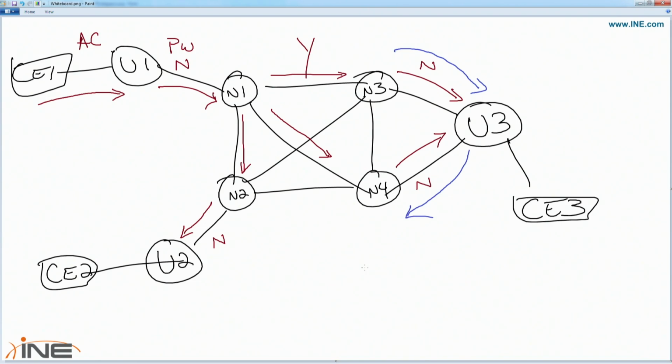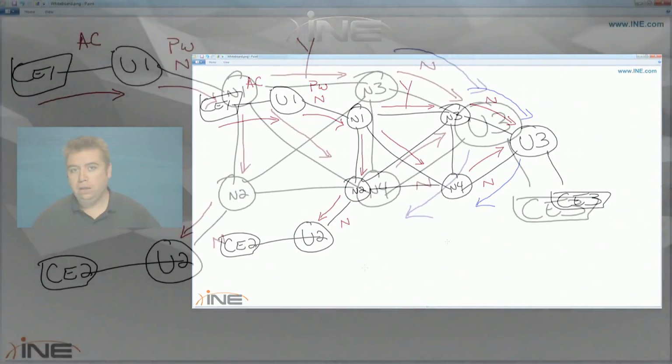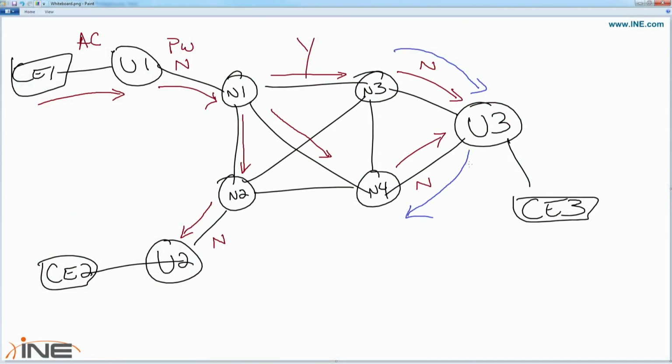Now, it's not going to cause an infinite loop in this case, but it will, or actually no, it will cause an infinite loop, because from N4's point of view, split horizon is disabled on the links, or on the pseudo wires, I should say, that are going to U3. So basically, we would have the case where it comes in here, comes back, and then goes this way, and then back around, if we were to disable split horizon from this guy's pseudo wire pointing that way.